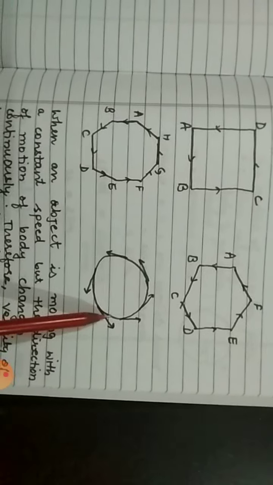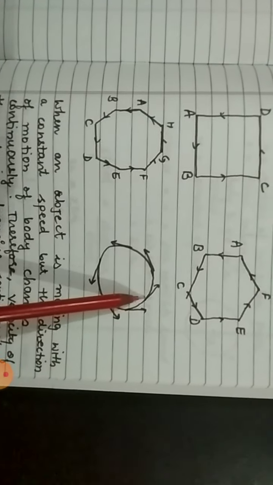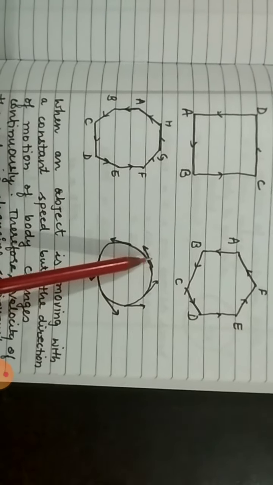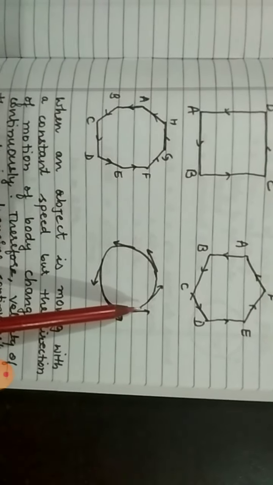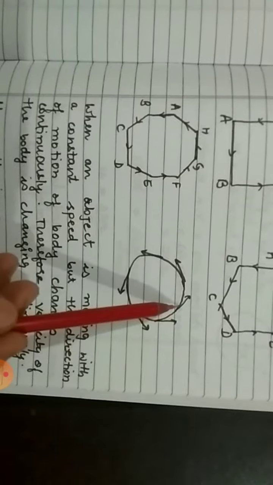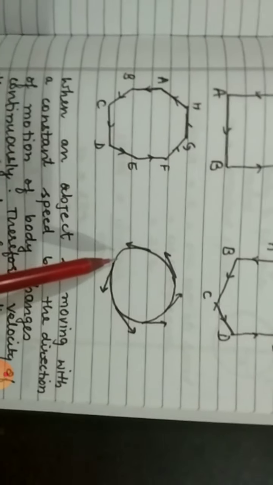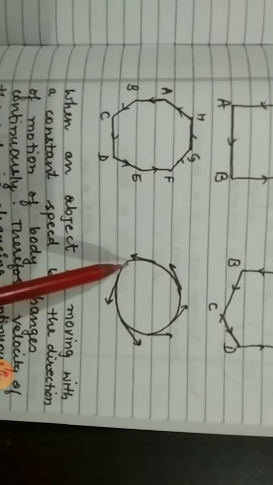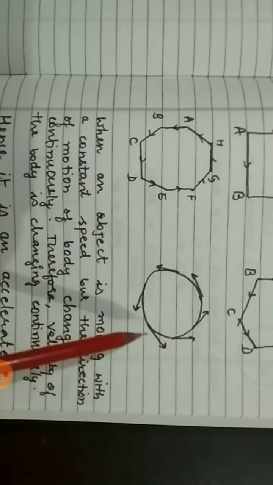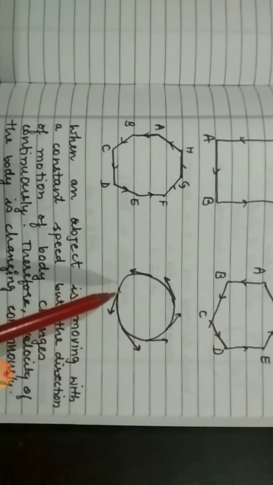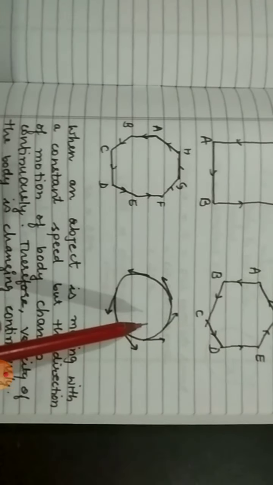It means in this circular path, the direction is changing at each and every point, because this circle consists of infinite sides, and these lines along the tangent to the circle represent the change in the direction of the velocity, and this type of motion is known as uniform circular motion.